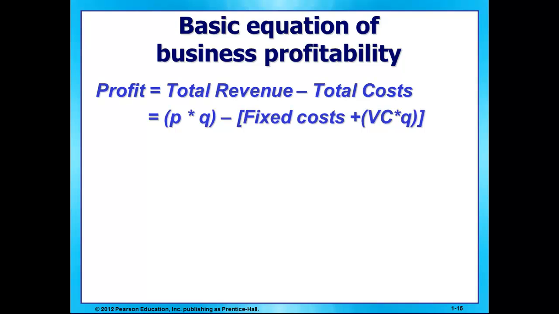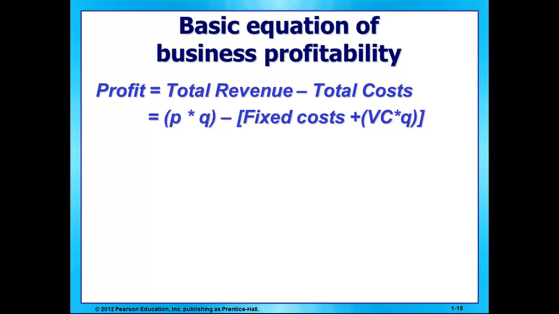In order to understand the quantitative impacts of marketing, we are going to be relying in this class on one equation through the whole semester, which essentially is profit equals total revenue minus total costs. And this is something that should be the mindset of how a business person thinks. Essentially, total revenue is going to be the price that we charge for our goods times Q, the quantity or units that we sell.